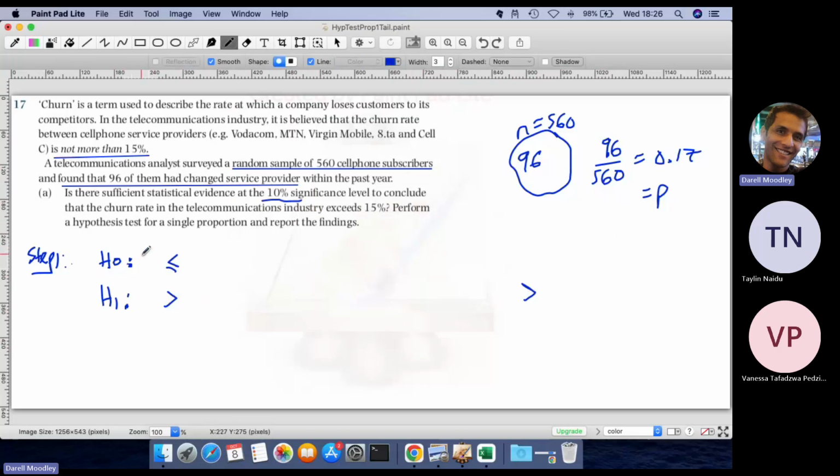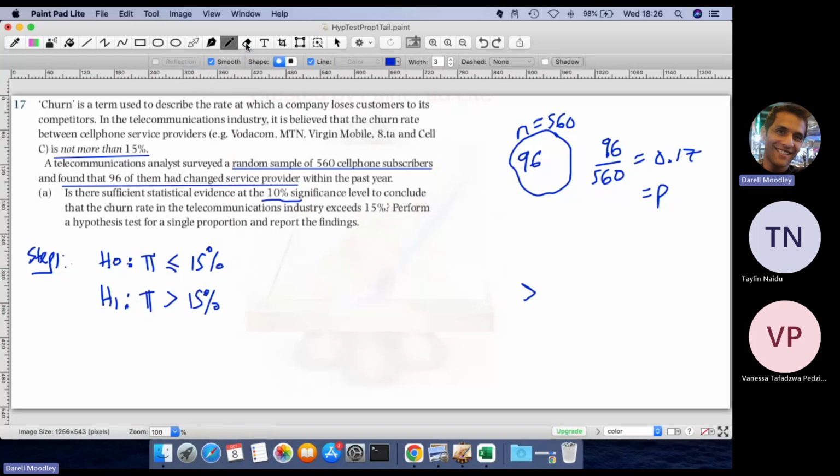The symbol for the parameter for proportions is pi. What we're testing is, does it exceed 15%, or is it 15% and under? That's your H0 and H1.